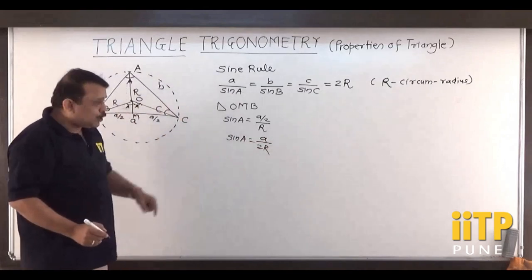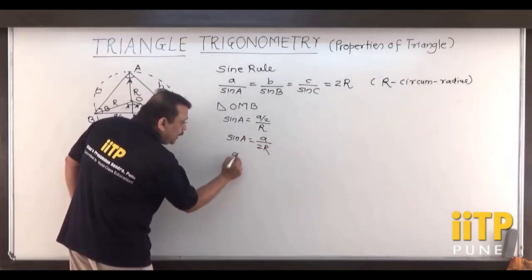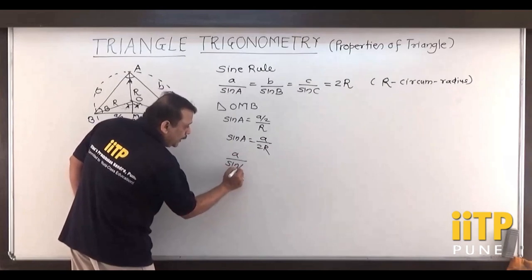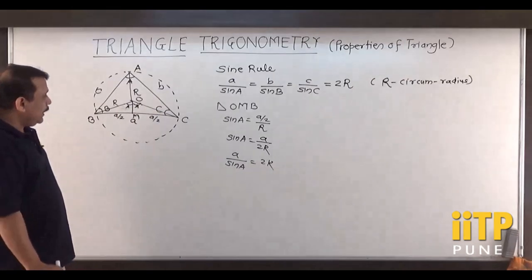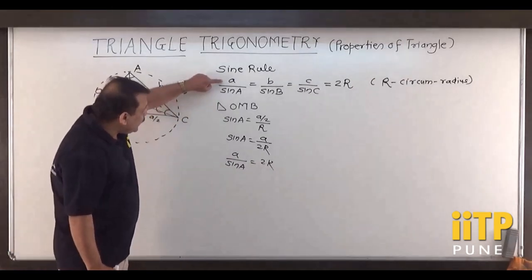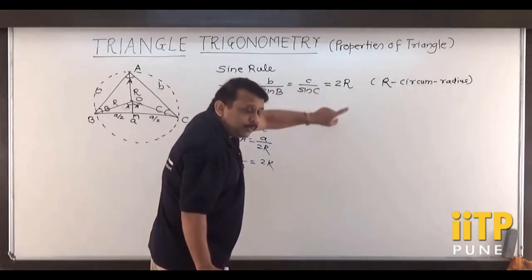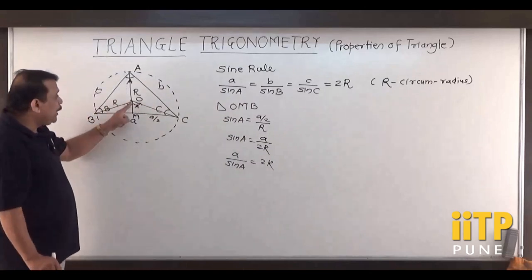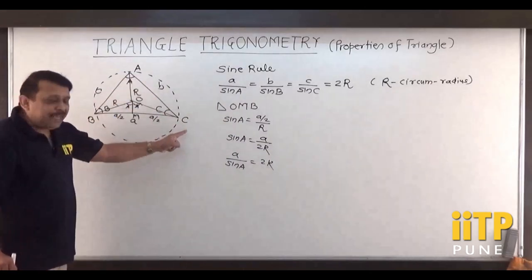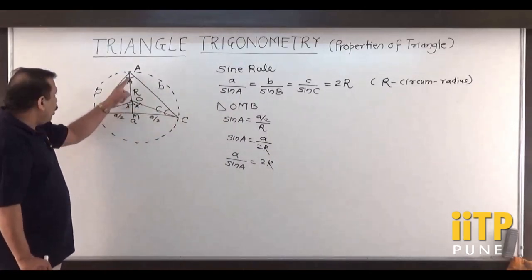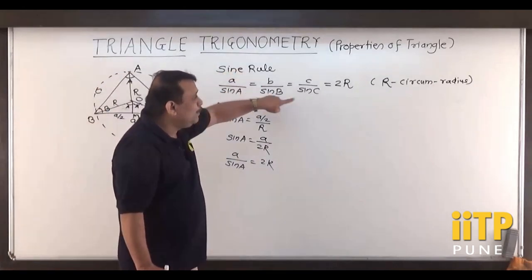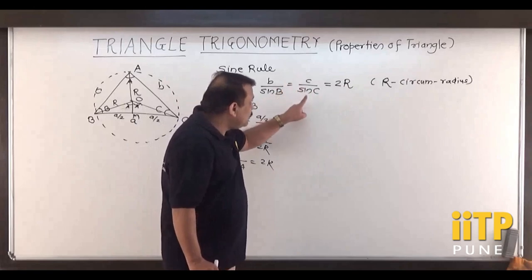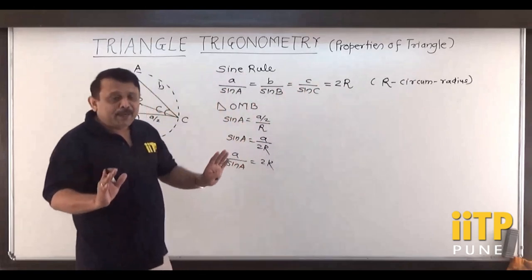By cross multiplication, I get a upon sine A is equal to 2R. Similarly, by dropping the perpendicular from O on the side AC and from O on the side AB, I can establish the result b upon sine B is equal to 2R, c upon sine C is equal to 2R.